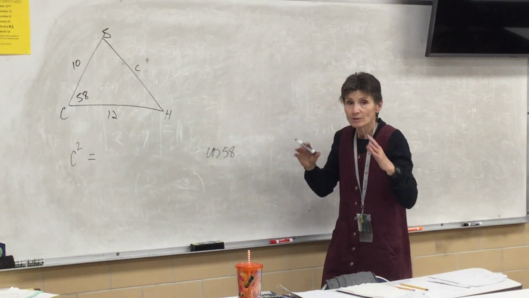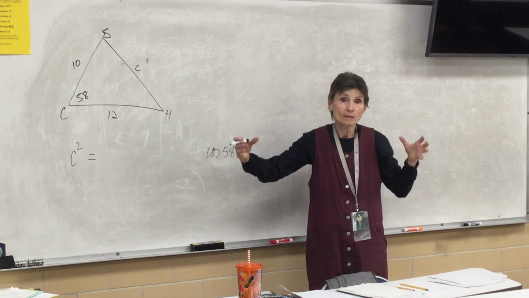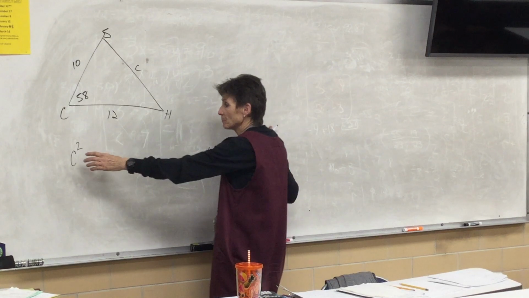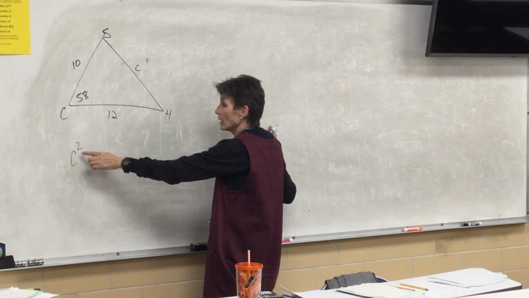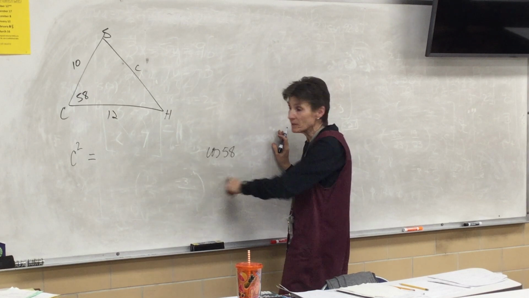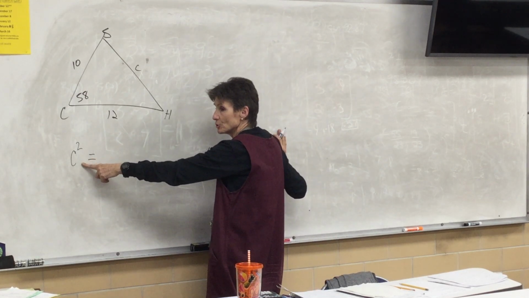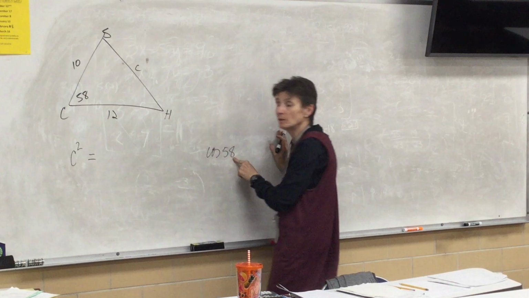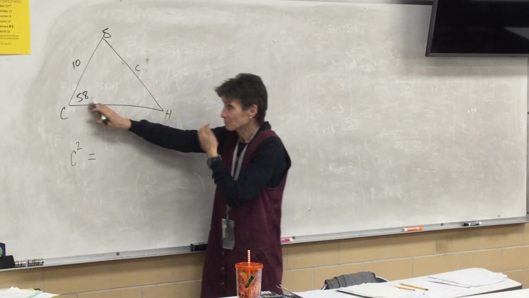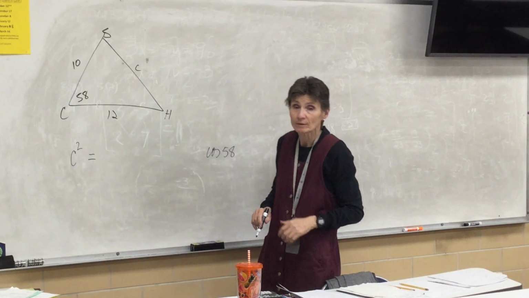So when you write your law of cosines, which is a long equation, on one end goes a side squared, and on the other end goes the cosine of the angle. And the side squared that you're using must match up with the angle that you're using. So since this is angle C, this is going to be c squared.